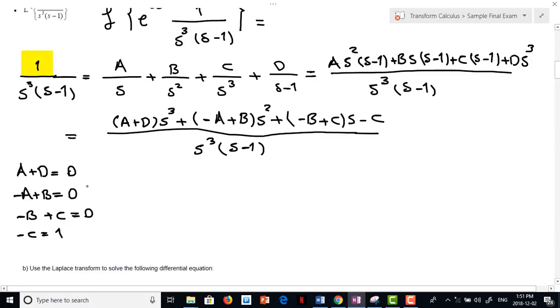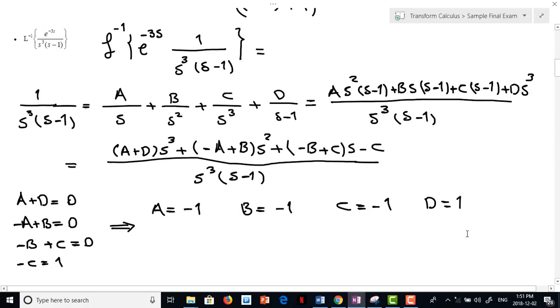So if you solve these equations, you can end up with a, b, c, and d. In this case, a would be equal to minus 1, b is equal to minus 1, c is equal to minus 1, and d is equal to 1. As a result, I can write this function in this form.